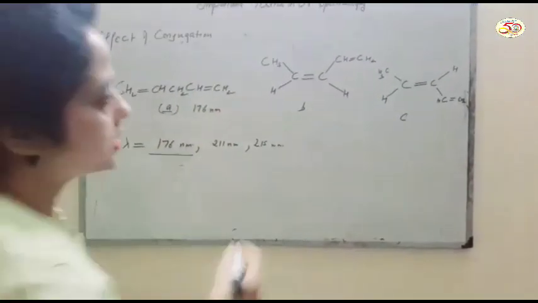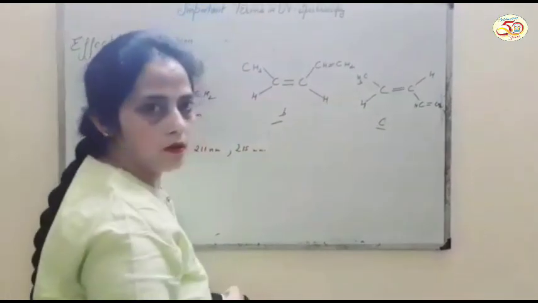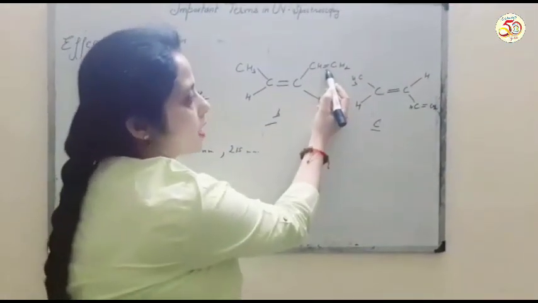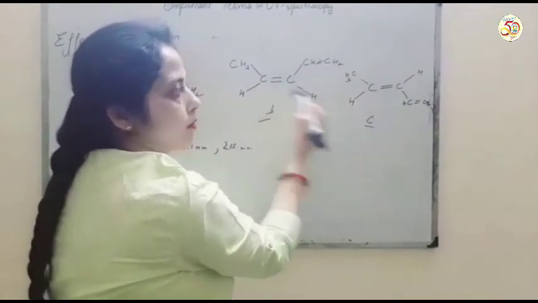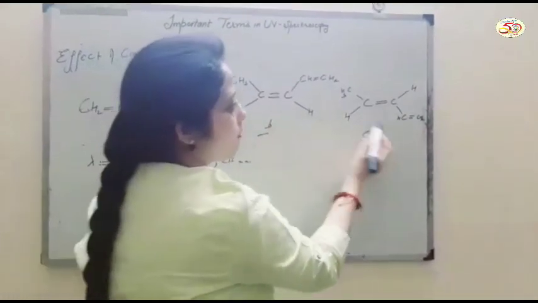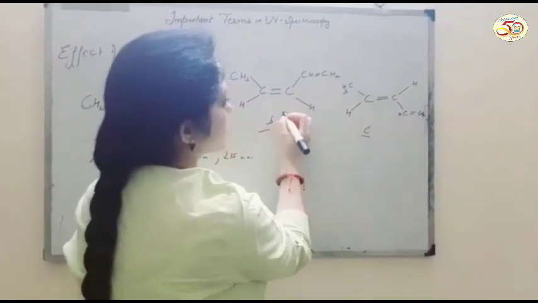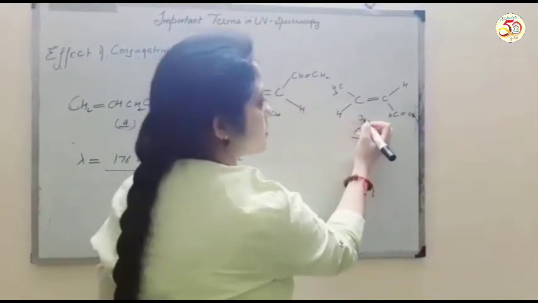While in the B and C compounds, there is the presence of conjugation: double, single and double bond. But these two compounds are geometrical isomers, as this is cis and this is trans.